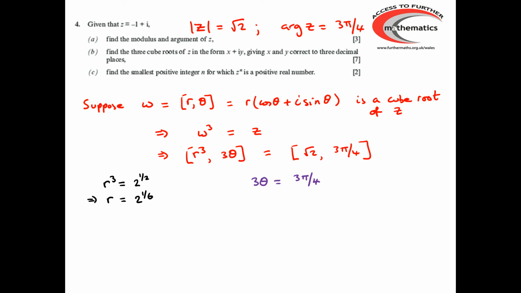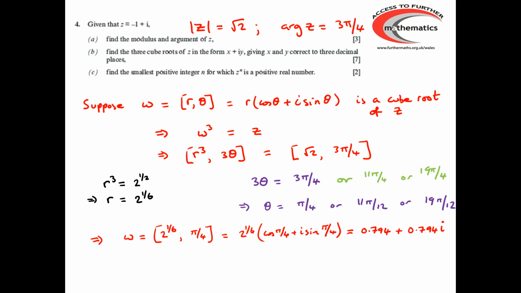If we add 2 pi onto 3 pi by 4, that's really the same thing as 11 pi by 4. And adding 2 pi on again is the same thing as 19 pi by 4. So 3 theta could be 3 pi by 4, 11 pi by 4, or 19 pi by 4. Dividing by 3, we've got theta is pi by 4, or 11 pi by 12, or 19 pi by 12.